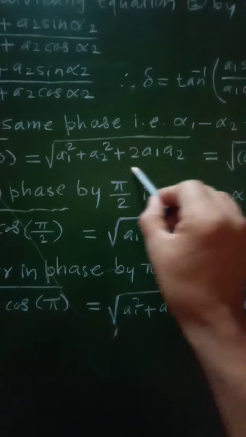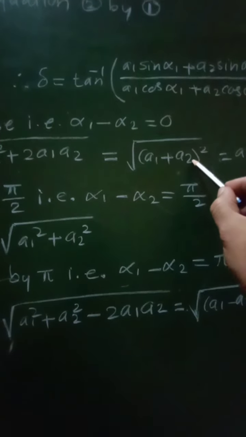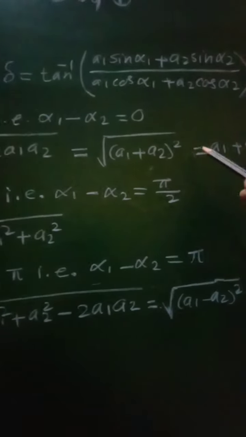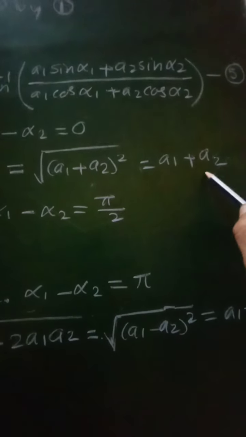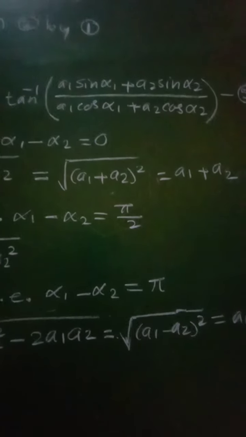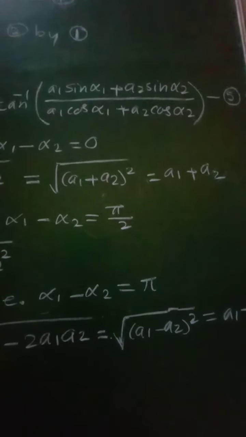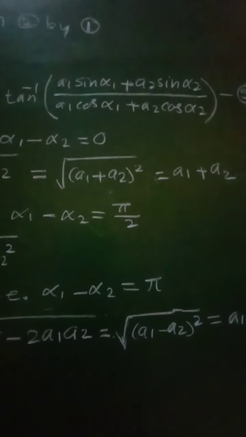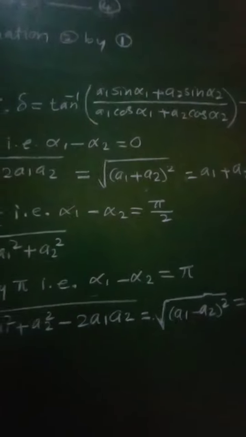But this is the expansion of a1 plus a2 whole square. Here square root and square will get cancelled, and we will get r equal to a1 plus a2. So when the two SHMs are in the same phase, the resultant amplitude will be equal to the sum of individual amplitudes of the two SHMs.